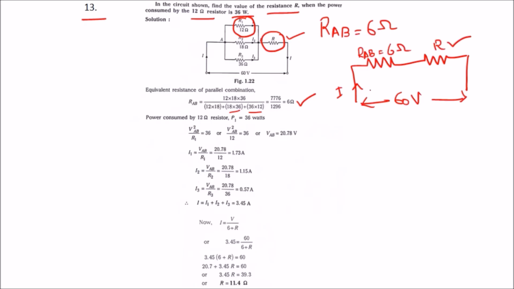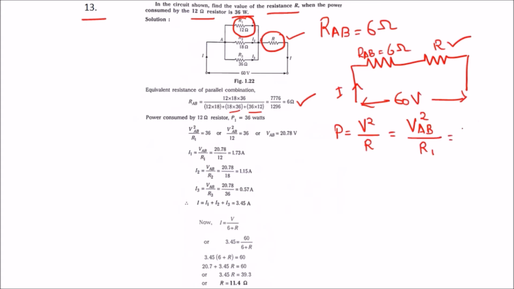They have given the power across R1 as 36 watts. So we know the formula P is equal to V square divided by R. As they have given it for the R1 resistance, we should have VAB whole square divided by R1.